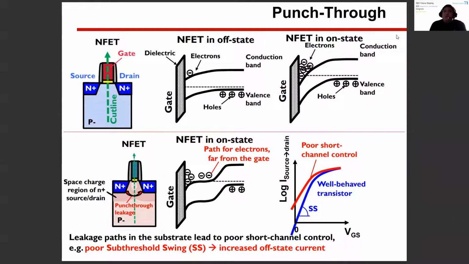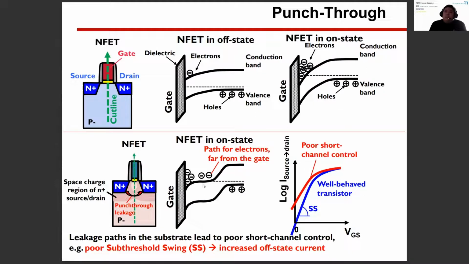Let's look at this punch-through in detail. With this depletion region, we can draw the energy band diagram like this. In the depletion region, because the holes are depleted, there are many more electrons than in the body.